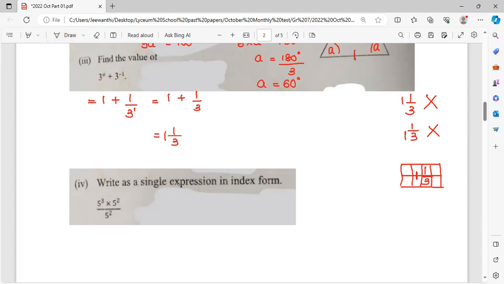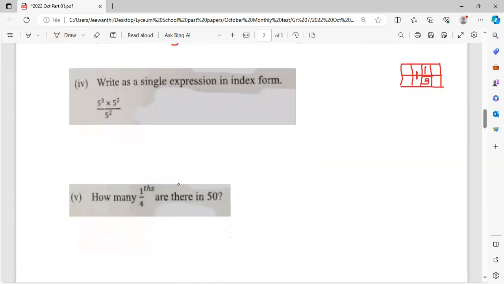Okay. So then we will move to the next one. You want to write as a single expression in index form. There are a few methods to do this, right? First thing you can do is 5 to the power 3 plus 2 divided by 5 to the power 2.